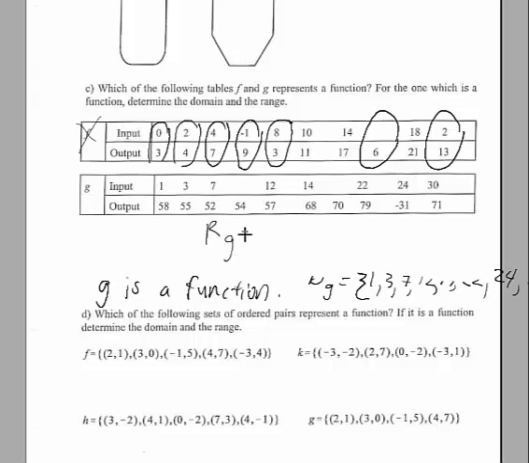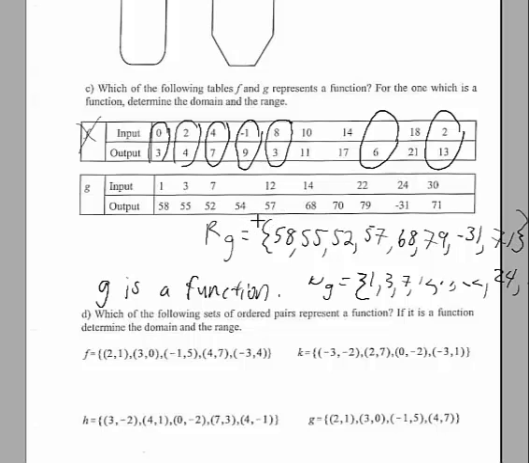R of G, set bracket again: 58, 55, 52, 57, 68, 79, negative 31, 71.